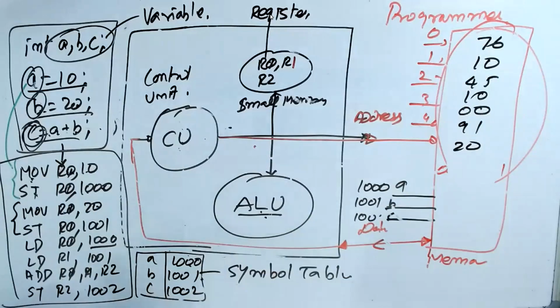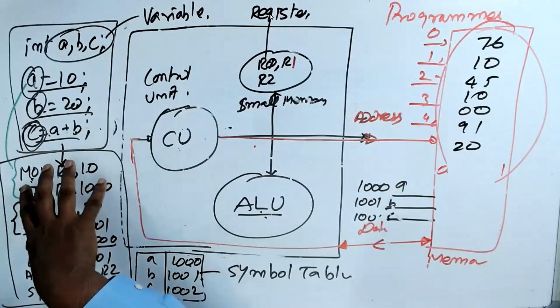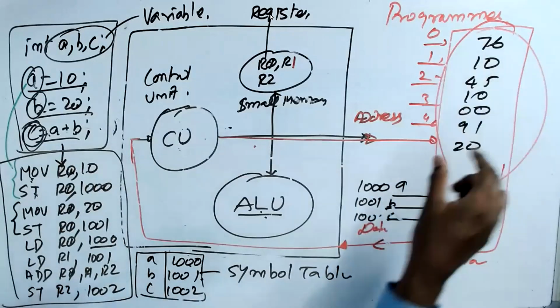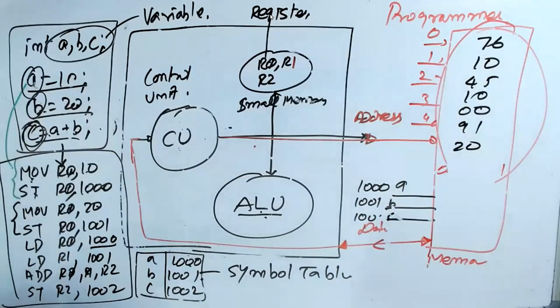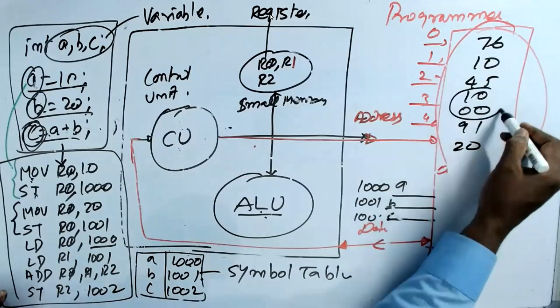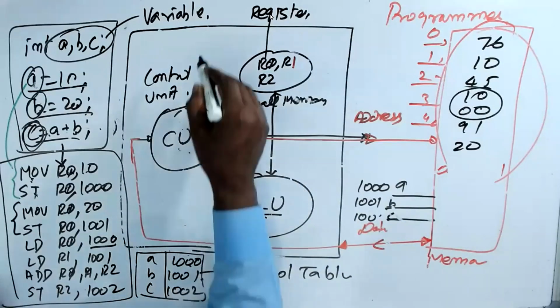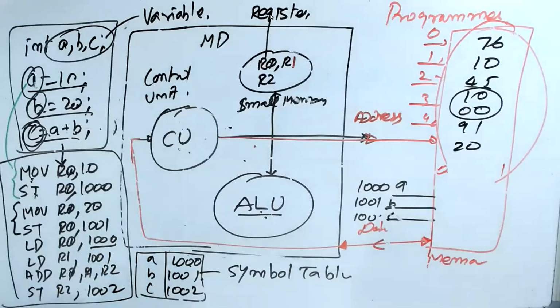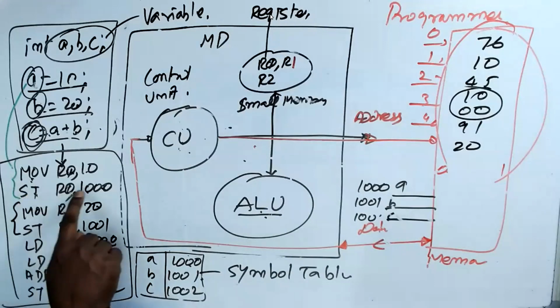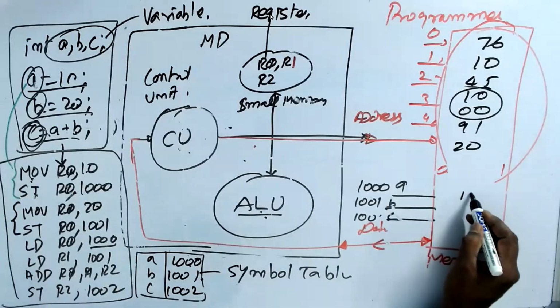Now the trick is here. The most important trick here is, when this is executing, what you told it: A is equal to 10. It is there as part of the instruction. When the microprocessor is executing that, when it says store R0, 10, it stores 10 here.